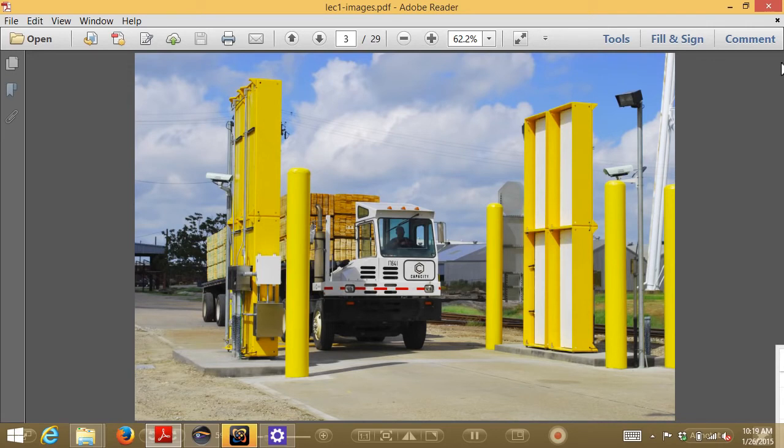For example, cat litter and bananas apparently emit enough background radiation to confuse these things, right? But on the other hand, if you do have some sort of radioactive or fissile material, this will pick it up, right? So this is one of the first lines of defense for all the cargo containers coming into the country. These things are scanned for radioactive possibilities, okay?